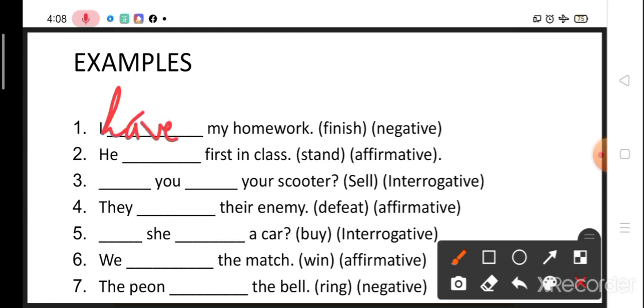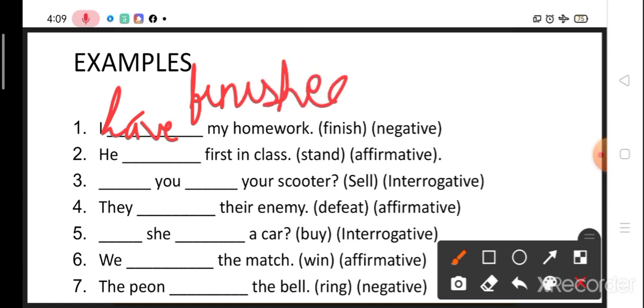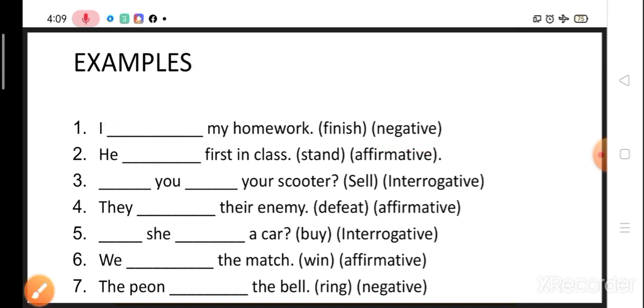Finish, past tense of finish or ed form of finish is finished. So I have finished my homework. Now this is a negative sentence which I didn't see earlier. So it being a negative sentence, I will have to add, just a minute.